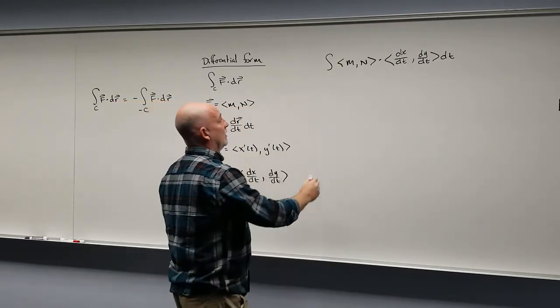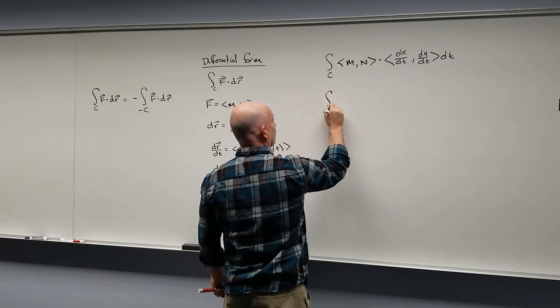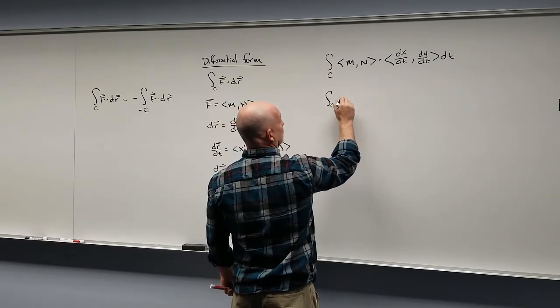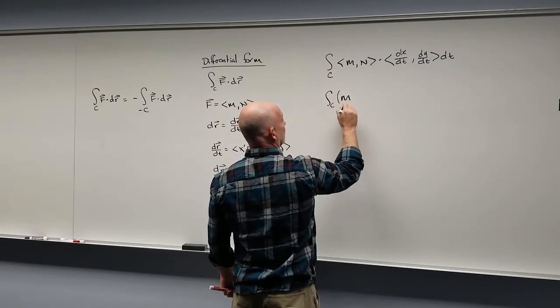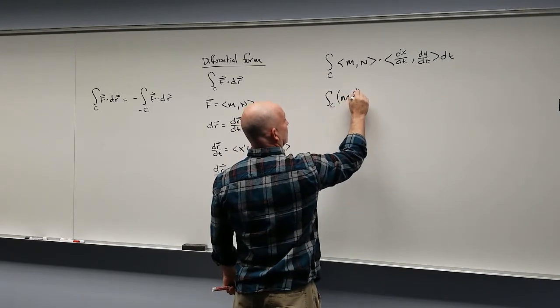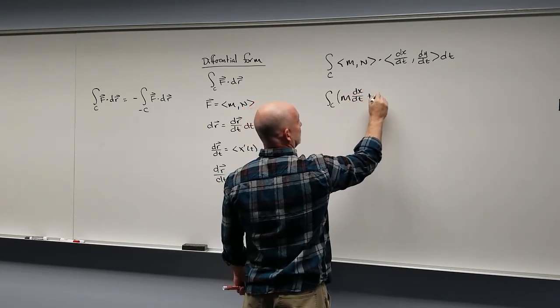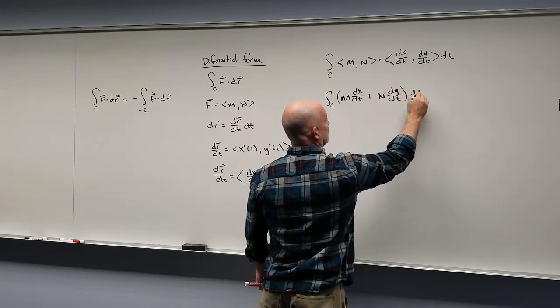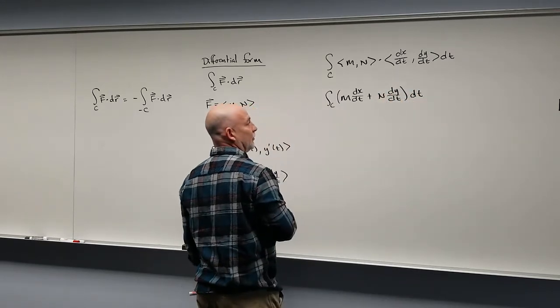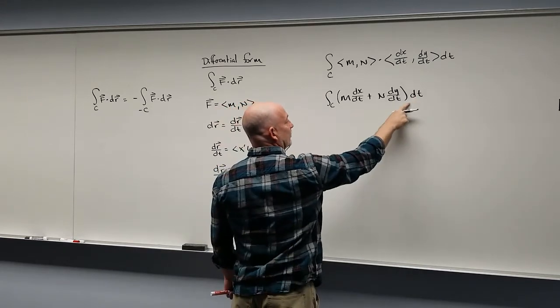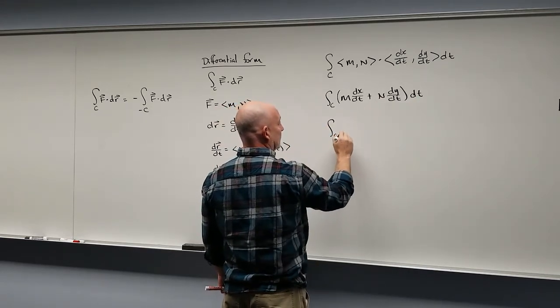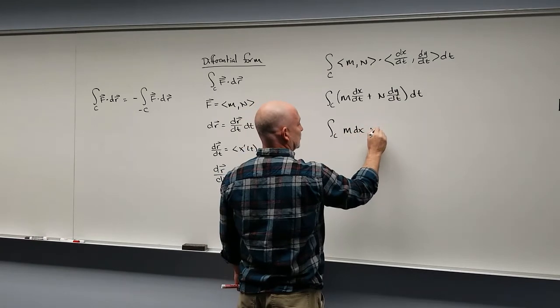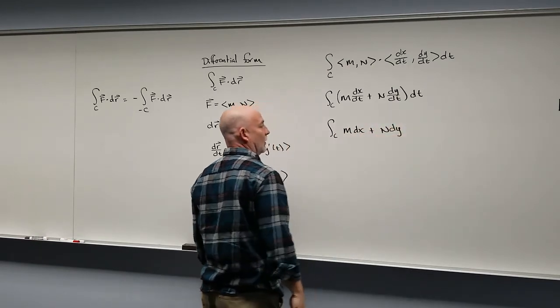When we do our dot product here, again around our curve C, we get, in parentheses, M dx/dt plus N dy/dt, dt, which is just a constant multiple on the outside. And notice, if we bring the dt inside here, we get the integral of M dx plus N dy.